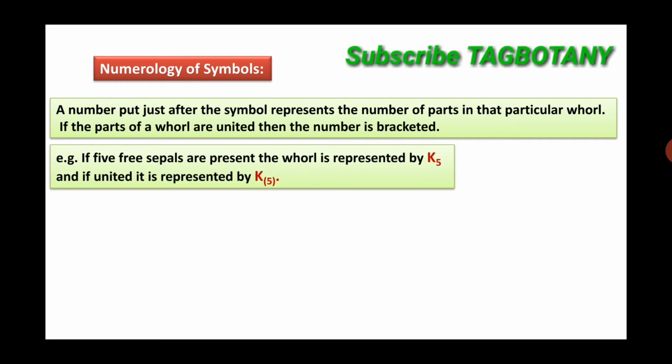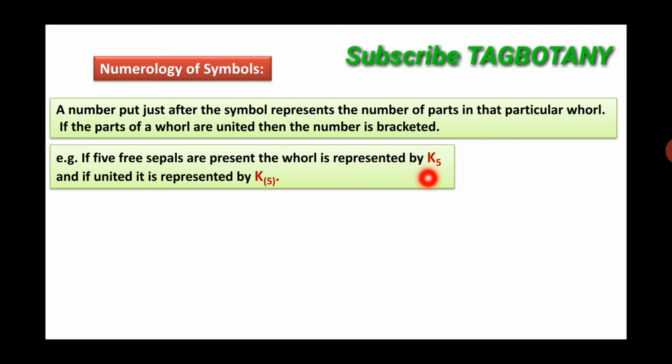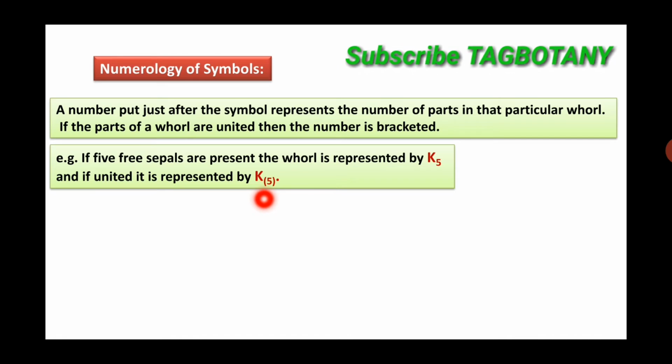For example, if 5 sepals are present in the whole, it is represented by K subscript 5, and if united, then it is represented by K subscript 5 in bracket. So the bracket represents the union or the fusion.